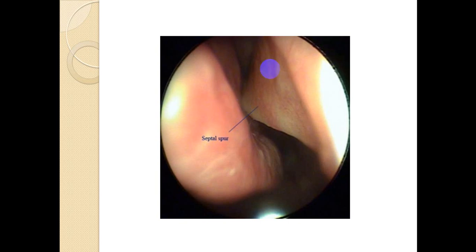And the septal deviation can cause obstruction of the middle meatus with impairment of the ventilation, aeration, and drainage of the sinuses, and this will cause sinusitis.